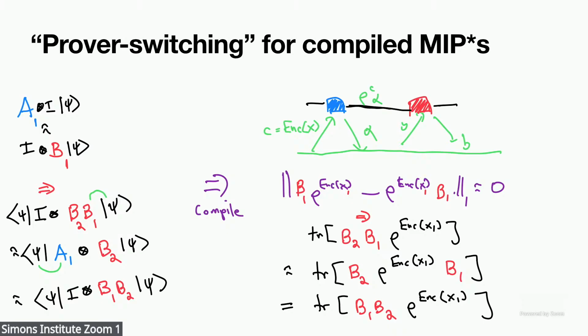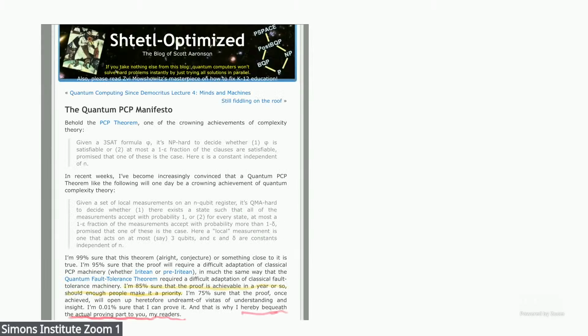So to conclude, I just want to say a couple words about what this might mean. Today was the quantum PCP day for this workshop. Sometimes you want to take a step back and think about where quantum PCP comes from, and why we are thinking about this. You can go and check Scott's blog, and you'll see one of the first posts he has is on the quantum PCP theorem.